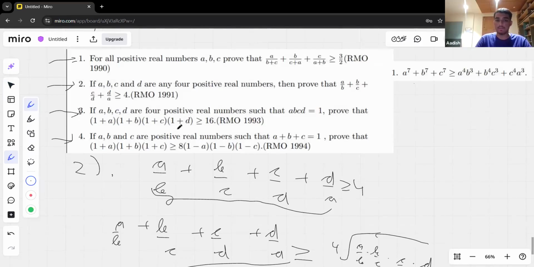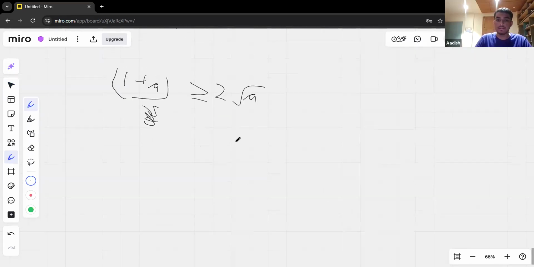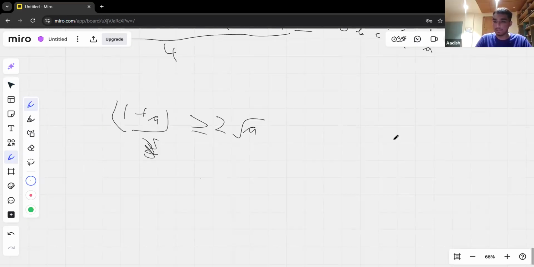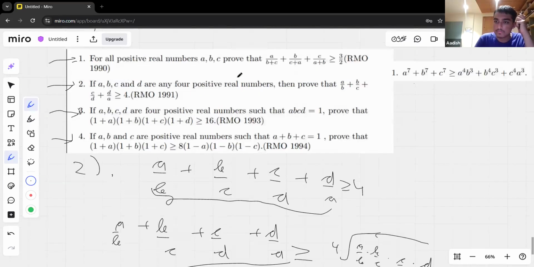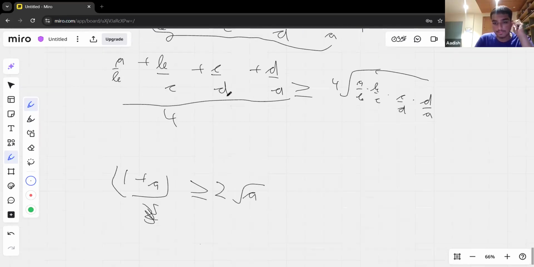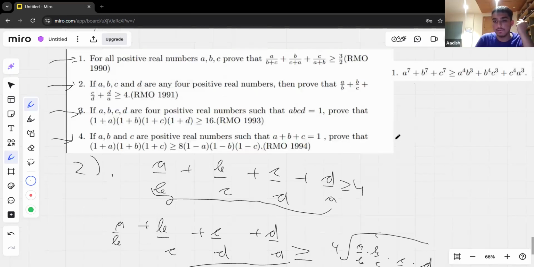So you get (1 plus A) times (1 plus B) times (1 plus C) times (1 plus D) is greater than or equal to 16 times root ABCD. And that gives you the result.